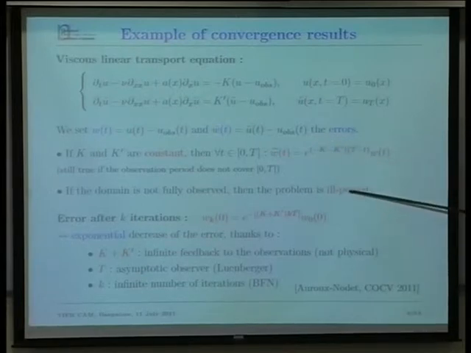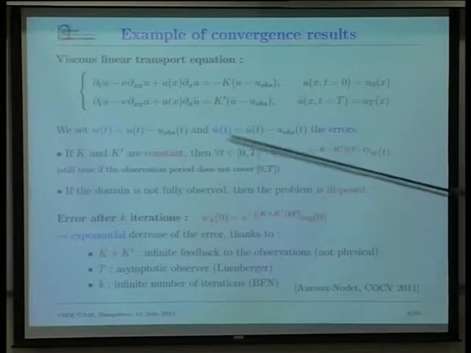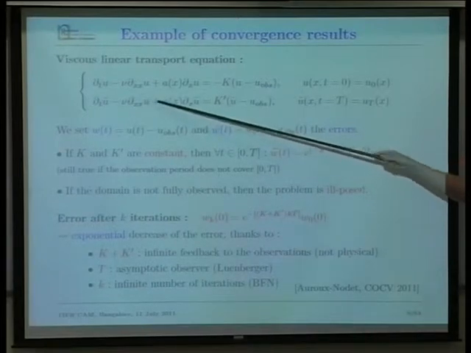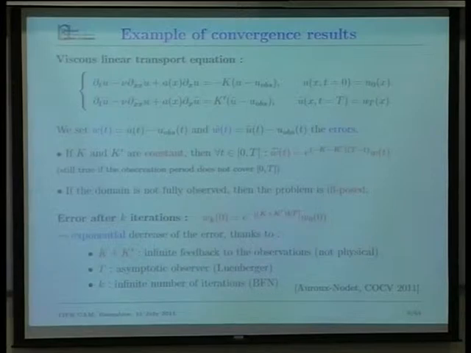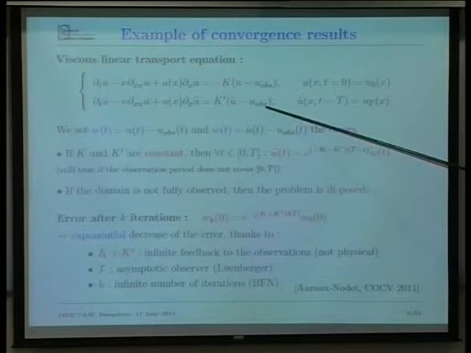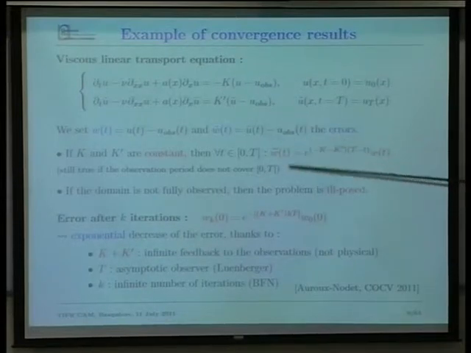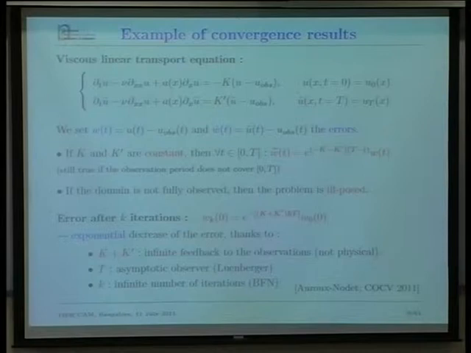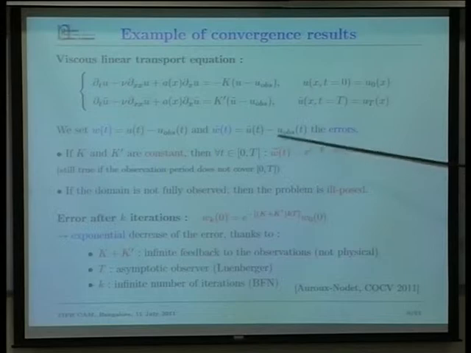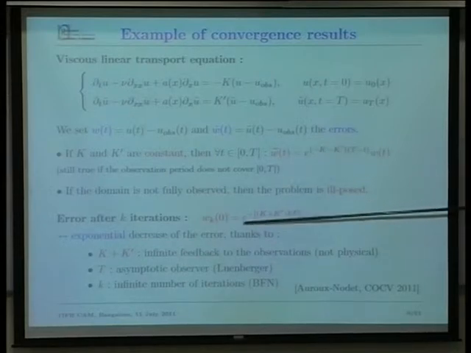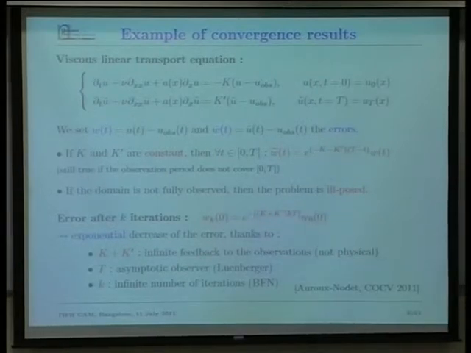But if you don't have full observations in space, because of the diffusion, the backward diffusion makes this model... I think there is no existence of a solution, and the problem is then ill-posed. So if we assume that everything is okay, for instance in this case, after k iterations of forward and backward.